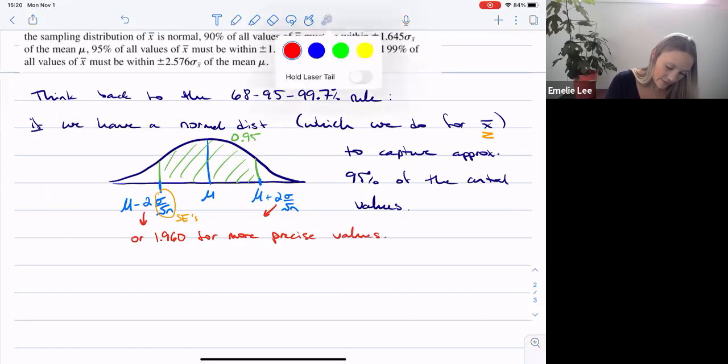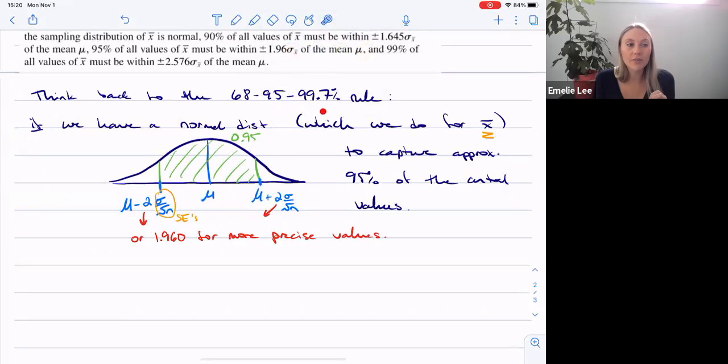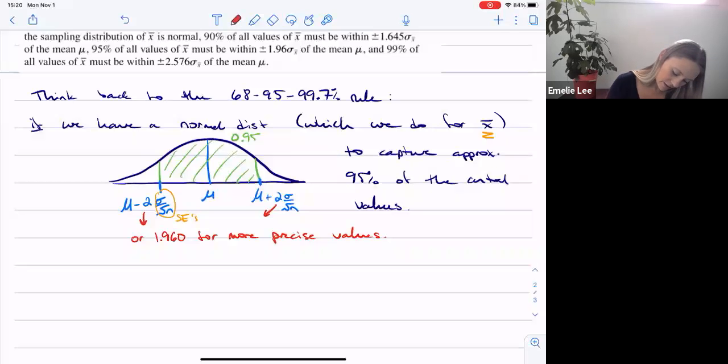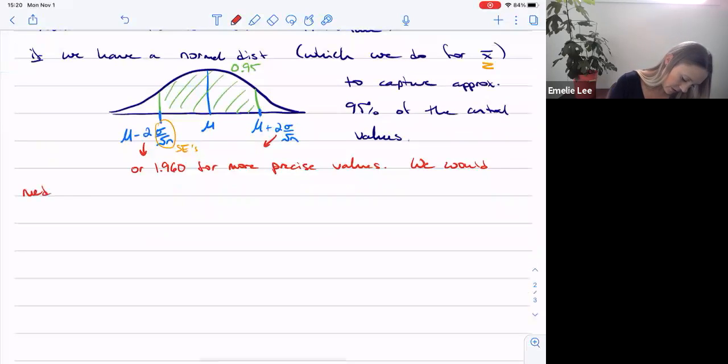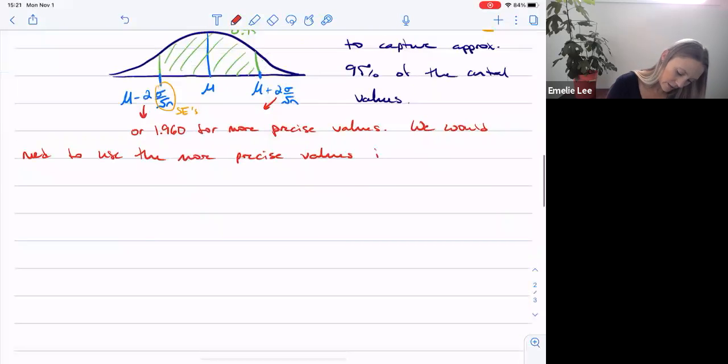We said the 68, 95, 99.7 rule is a good approximation, and 2 is a good approximation for 1.96, okay? But we would need to use the more precise values in our calculations.